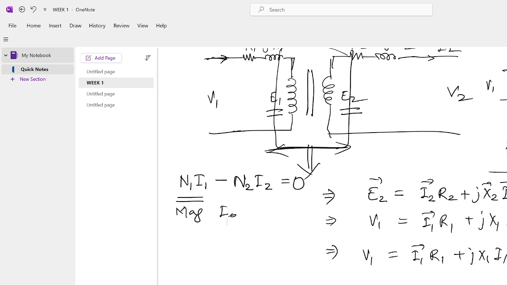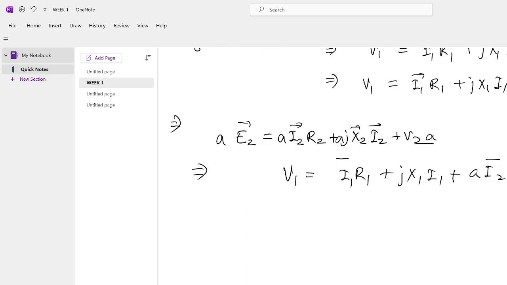These equations can be compared with the KVL equation in an electric circuit. Analogous to KVL, in a magnetic circuit we can compare the MMF balance principle.